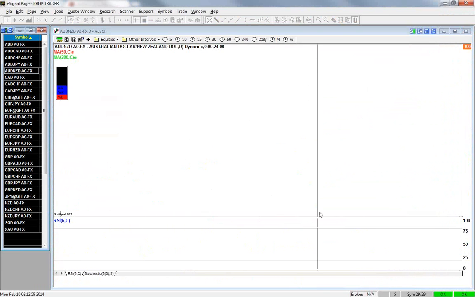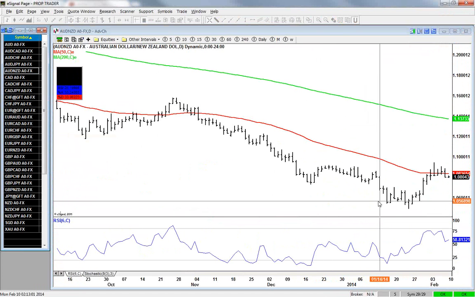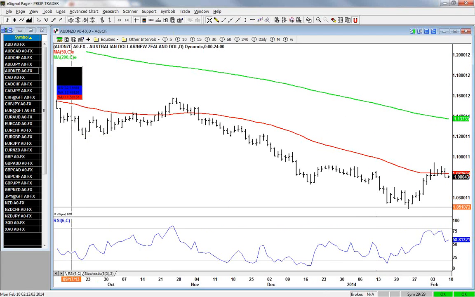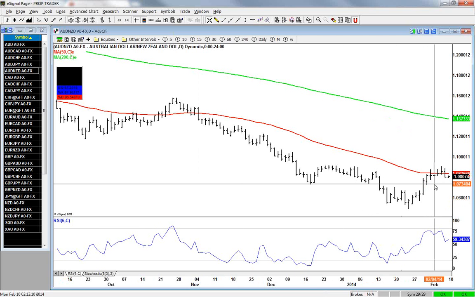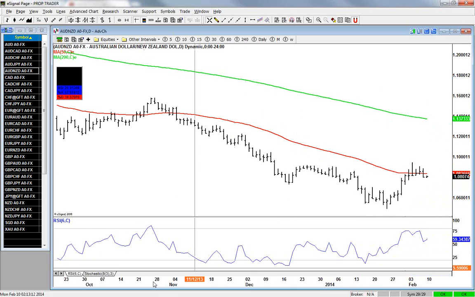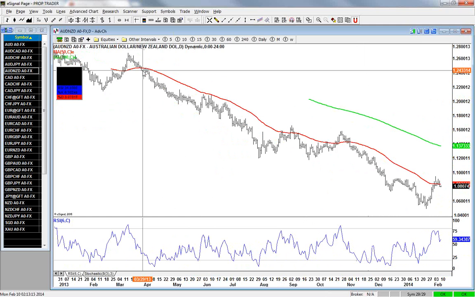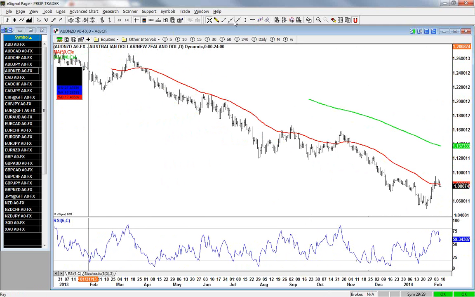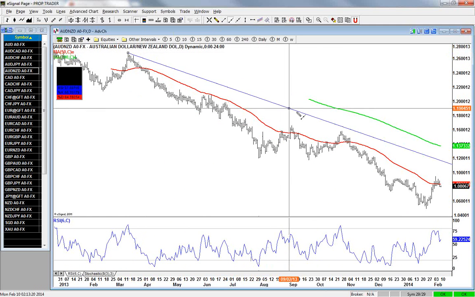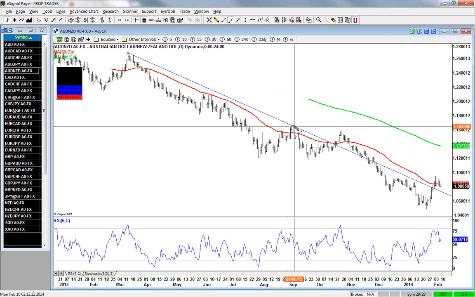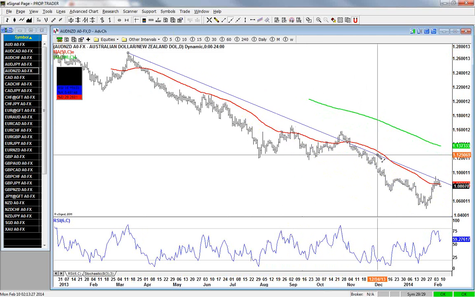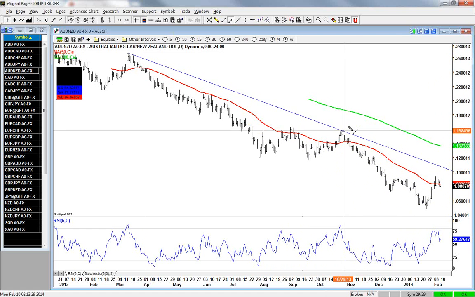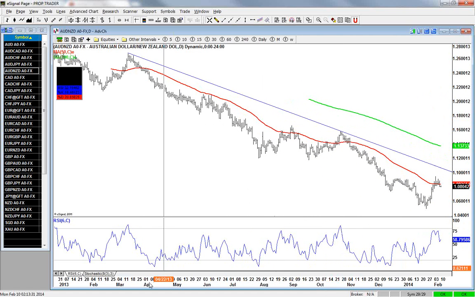How's it looking? Looks a little different to yours. Yours looks massive. But yeah. Trend line. Don't know where you got your trend line from.